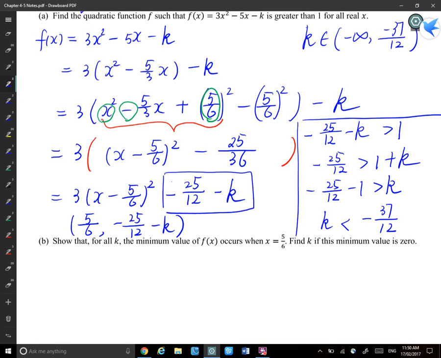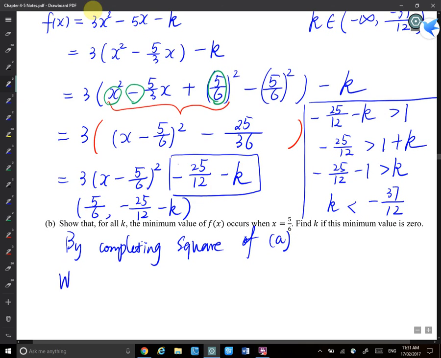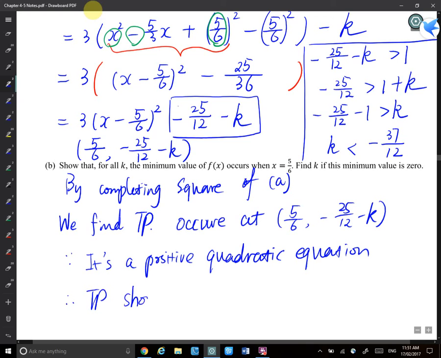We have shown that in the previous question, by completing the square of part A. We find the turning point occurred at x equals 5 over 6, because it is a positive quadratic equation, so the turning point should be the minimum point.